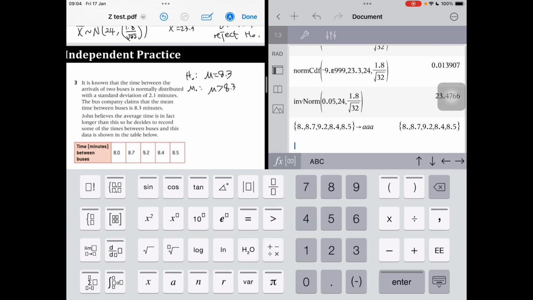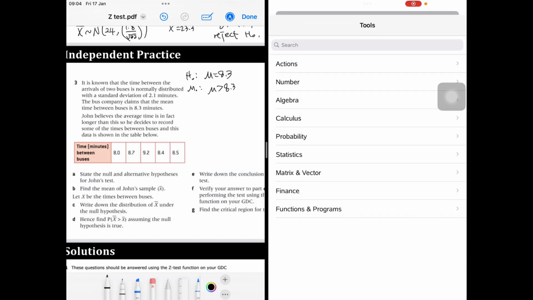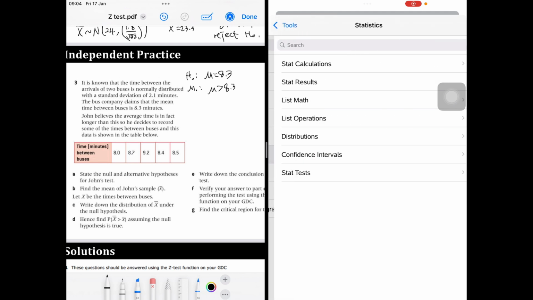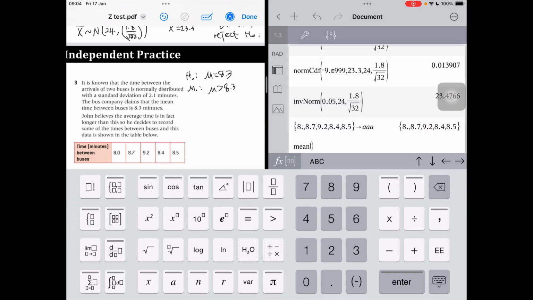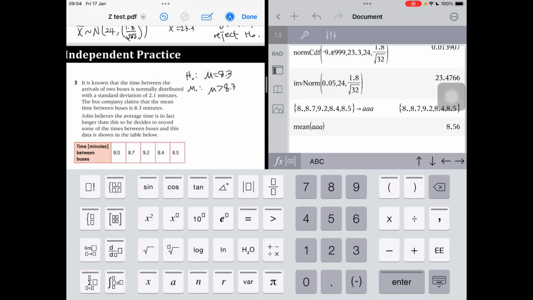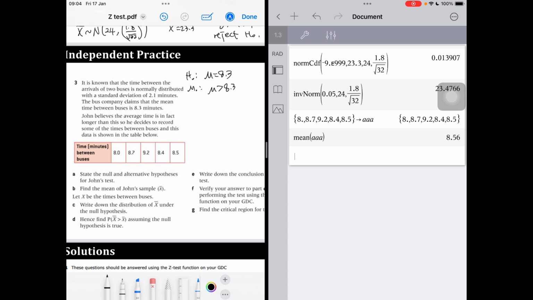We can find the mean from here: statistics, list math, mean, AAA, enter. So we know our X bar.